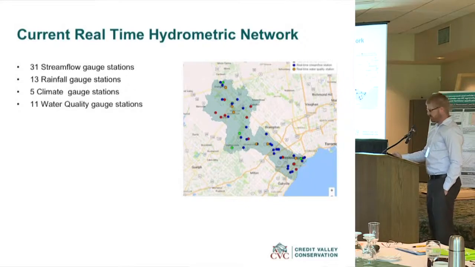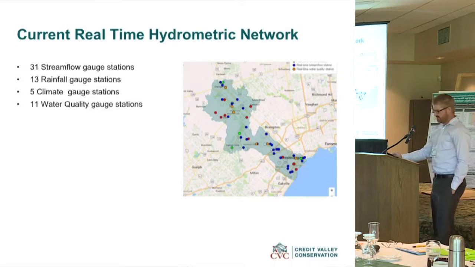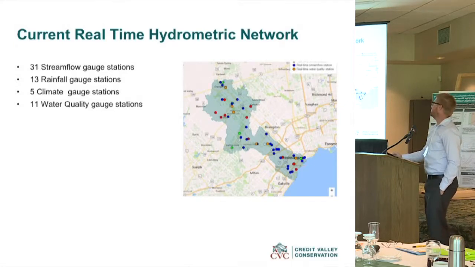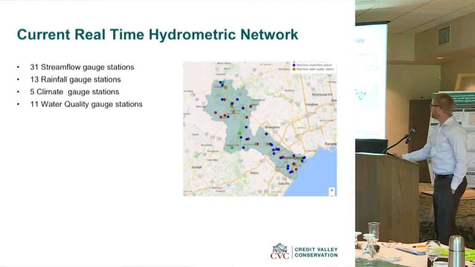Our stream flow stations provide real-time water level values, which can then be used to predict real-time flow, which is obviously important for flood forecasting. We have 13 rainfall stations, which consist of tipping bucket rain gauges and air temperature sensors. We have 5 climate stations.